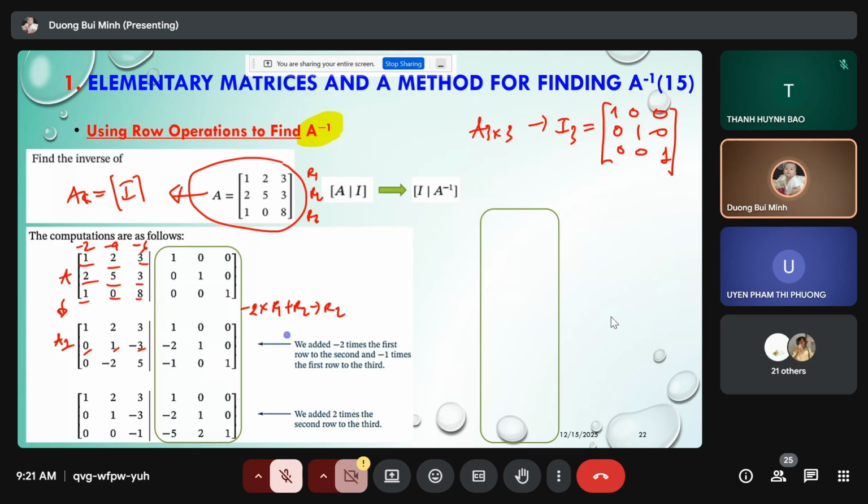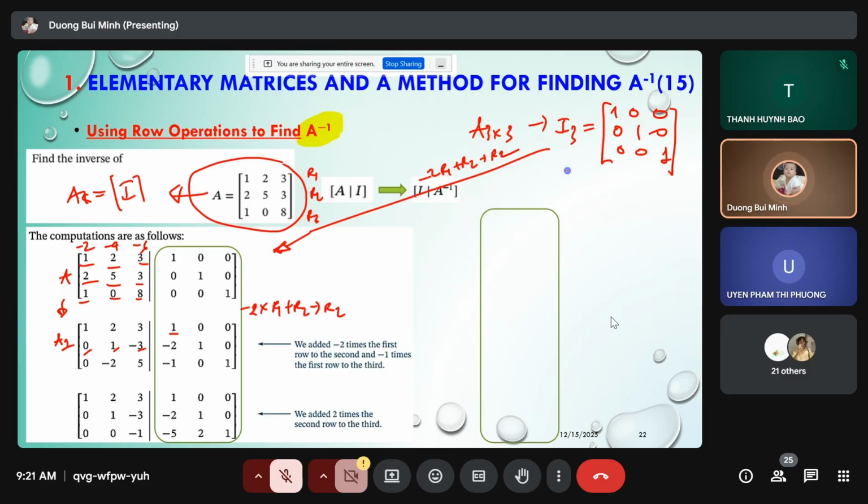Then we do the same elementary operation on I: minus 2 R1 plus R2 replacing R2.